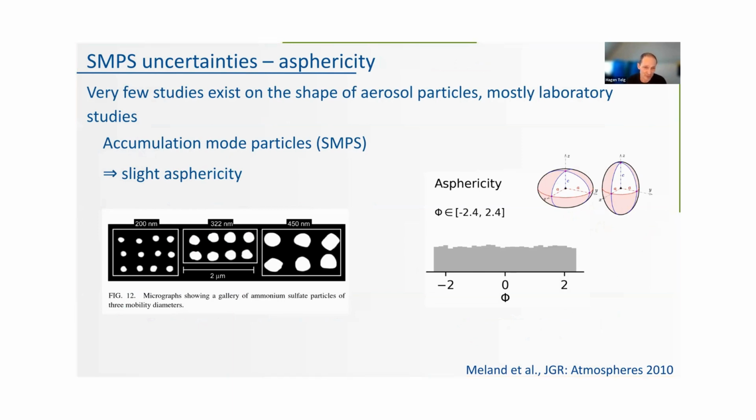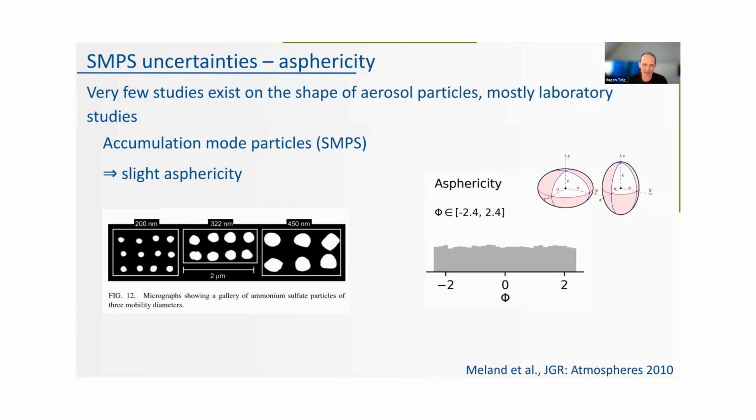And how we now would consider that in our Monte Carlo approach is, first we have to find, of course, a distribution of this. And typically the accumulation mode particles are usually considered spherical. And there's only a handful of observations or studies that study the shape of those particles, and they found that they're actually not all that spherical.